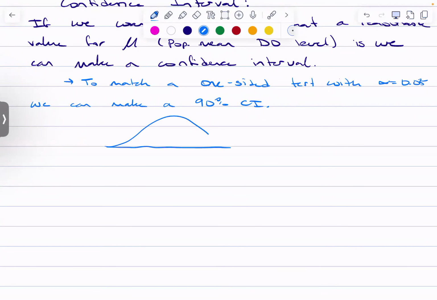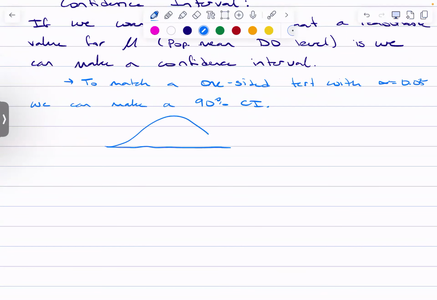From our formulas, right, we know we have a point estimate, which is going to be X bar, and then plus minus our critical value, which is our T star from up here, times S over root N. Right, that's why we need that T star.